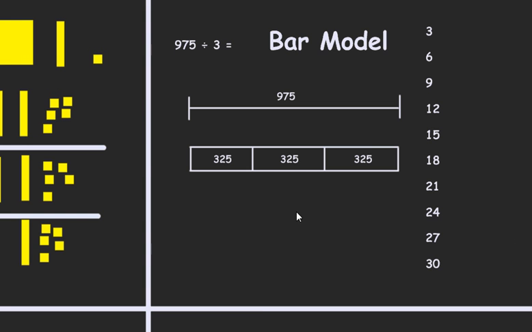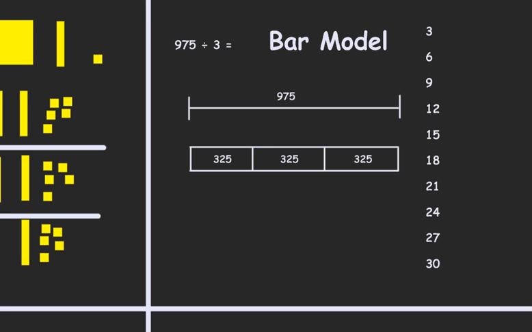So we put 325 in each of these boxes. That helps us see that 975 is divisible by 3, and each section will have 325 in it. It just helps you see that these are part, part, part, and that's the whole.